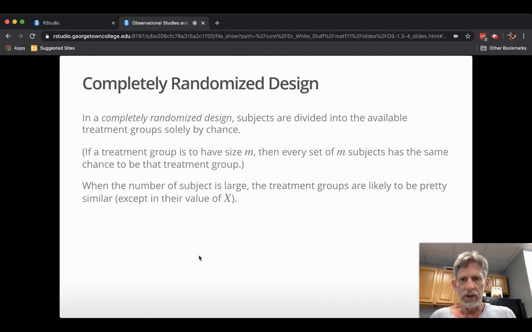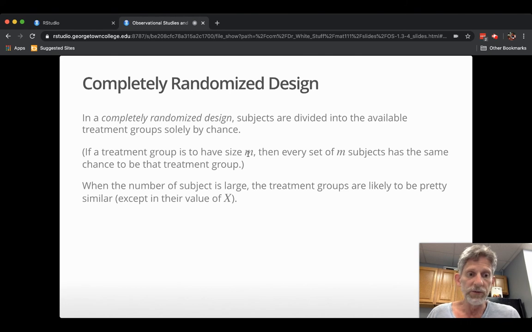And so that means, if you've got a treatment group that is supposed to have M people in it, then every set of M subjects out of all the subjects that have volunteered to be in the experiment has got to have the same chance to be that treatment group.